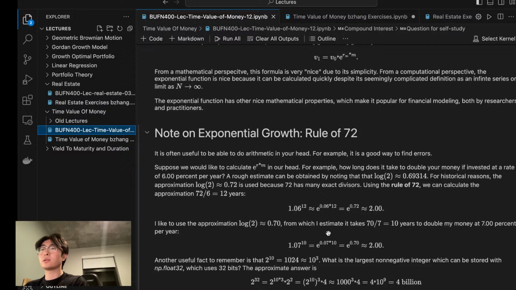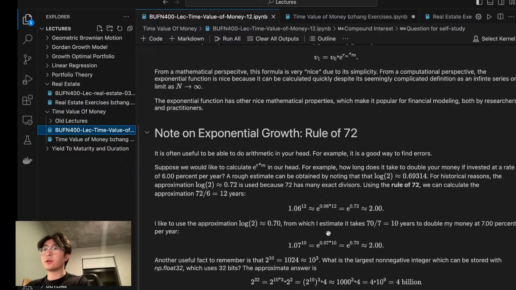time, approximately 72 divided by percent return per year.